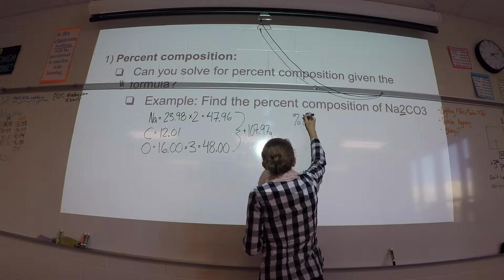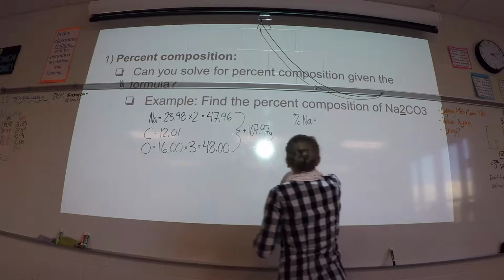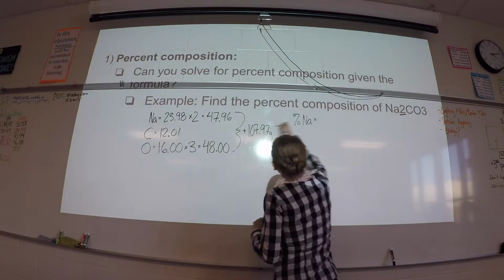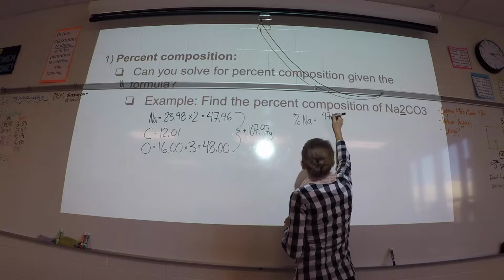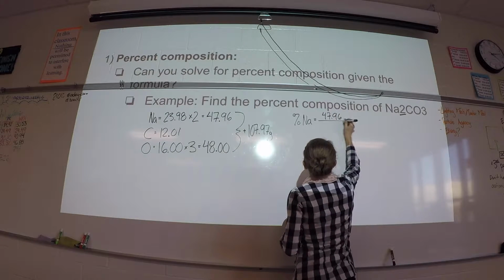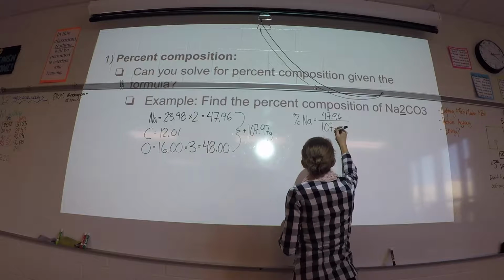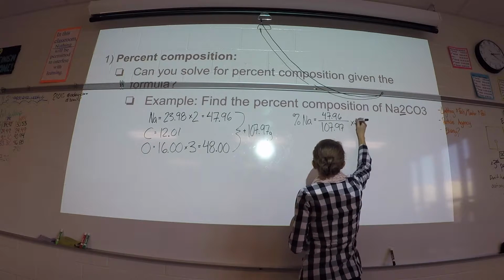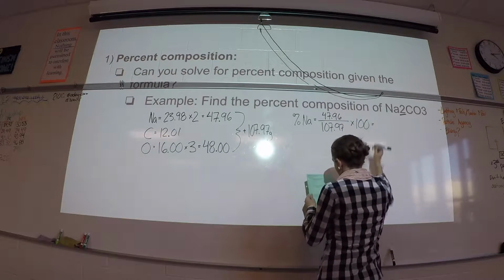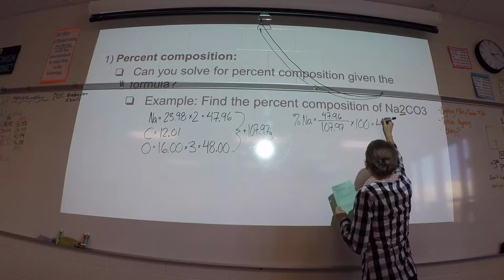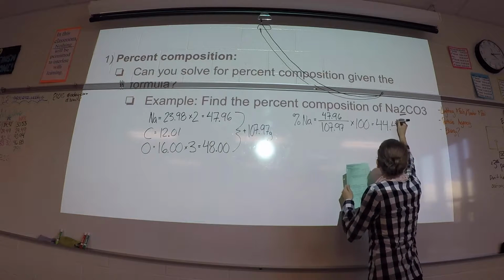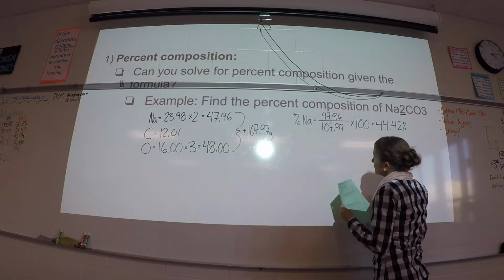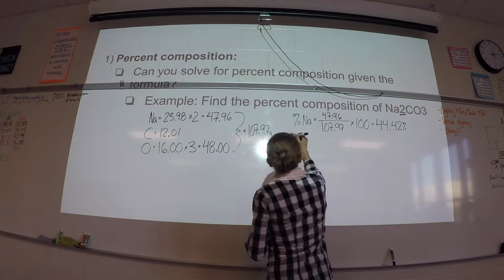To find the percent of sodium, if you look back in your notes, the equation is you take the amount of sodium, so that 45.98 over the total, and then times by 100. And I got 43.38%.